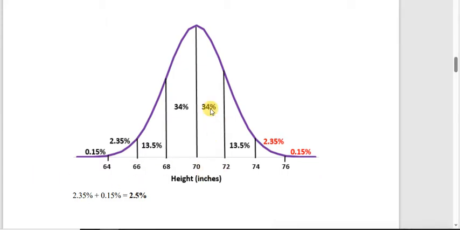So we take 50% and subtract 47.5%, and you get the total percentage that an observation is likely to fall in that category beyond 74.